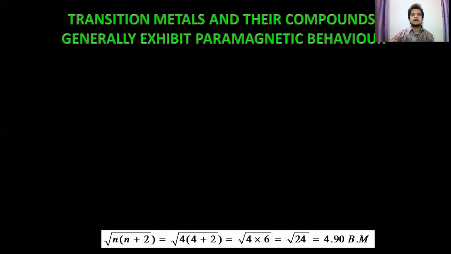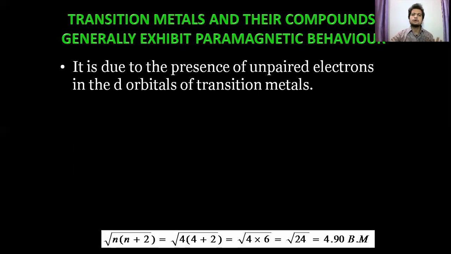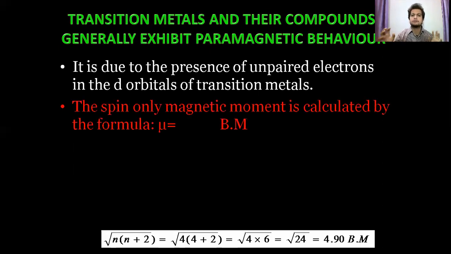Now coming to the next point: transition metals and their compounds generally exhibit paramagnetic behavior. I have already told you that paramagnetic behavior is due to the presence of unpaired electrons. If you have unpaired electrons, the system behaves as paramagnetic.